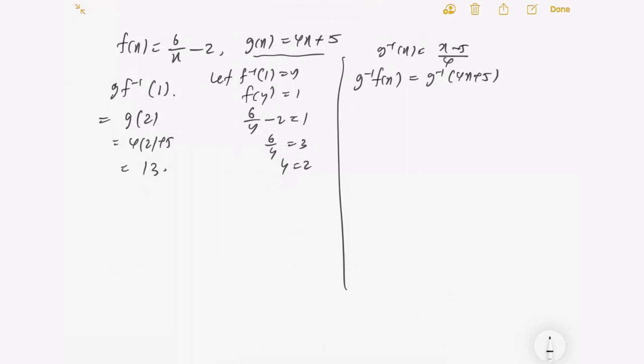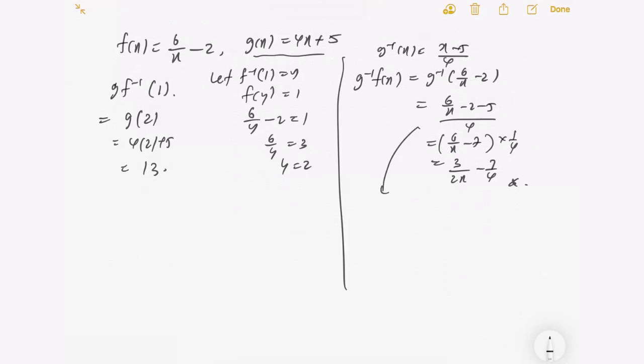So I'm going to put 6 over x minus 2, then minus 5, divided by 4. This will be 6 over x minus 7. When you divide by 4, it's the same as times 1 over 4. Well, the answer is not pretty, but it's okay. 7 over 4. If you want, you can combine it as a single fraction. If you don't, it's still okay.